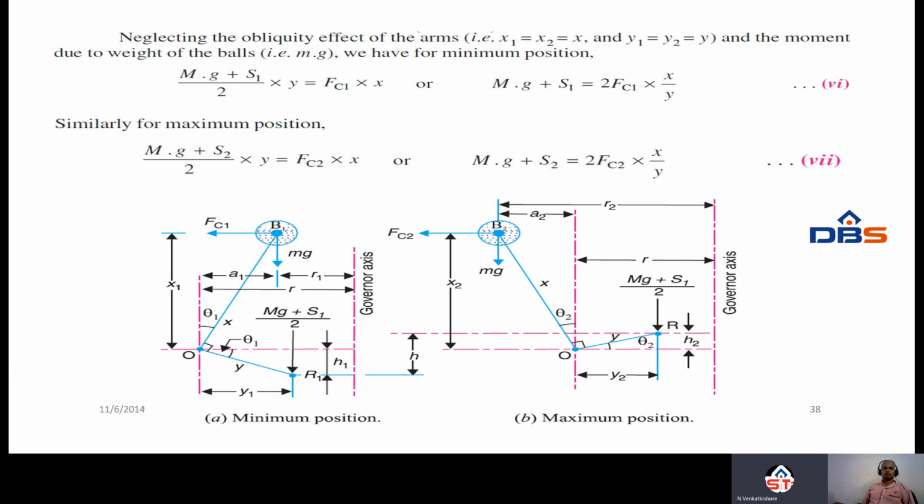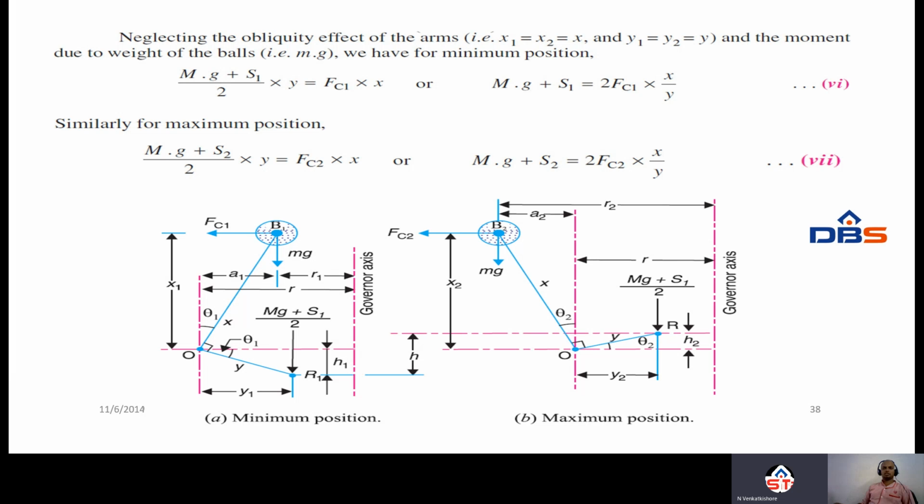and the moment due to the weight of the balls, that is mg, we have for the minimum position mg plus S1 by 2 into y equal to Fc1 into x, or mg plus S1 is equal to 2 into Fc1 into x by y. Similarly for the maximum position, mg plus S2 is equal to 2 into Fc2 into x by y.